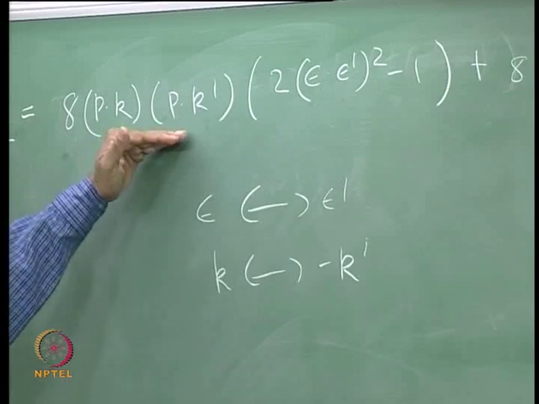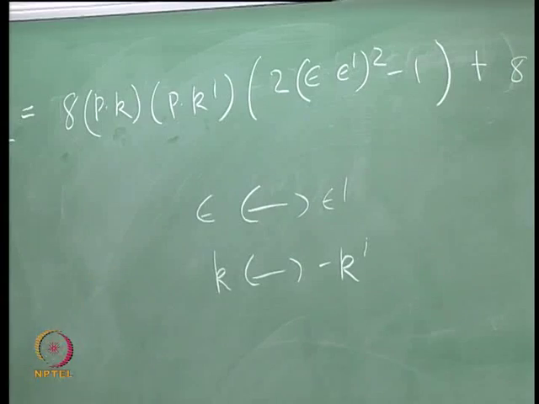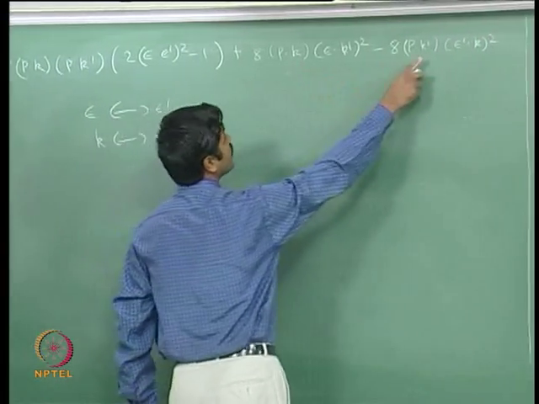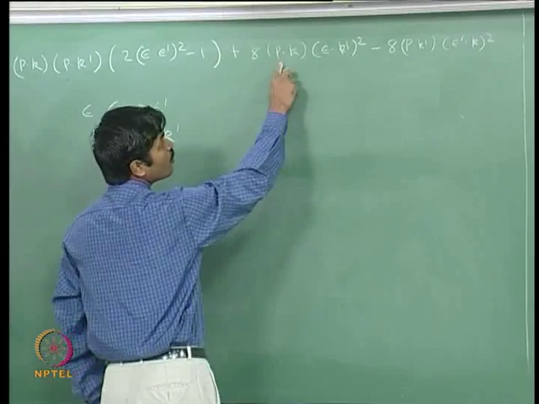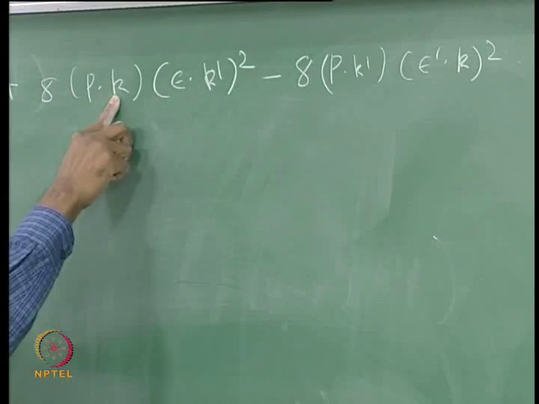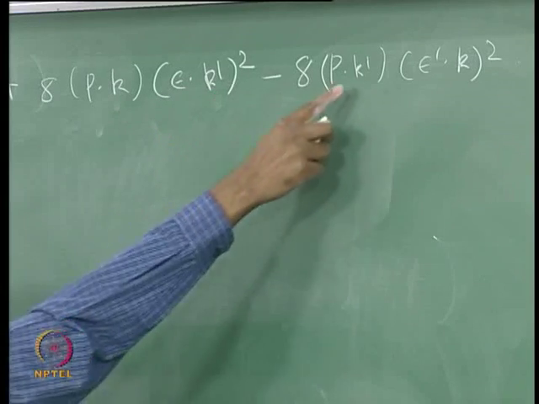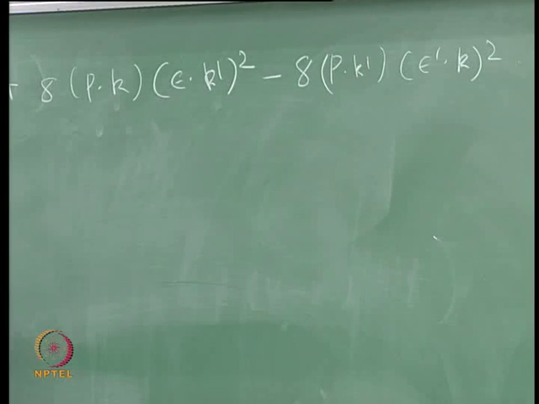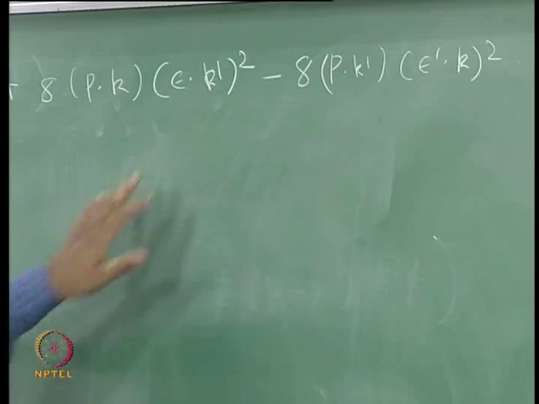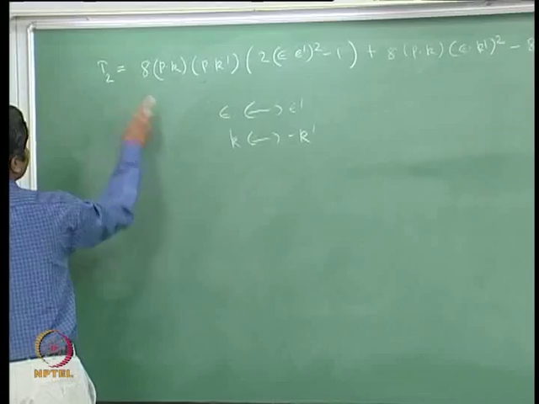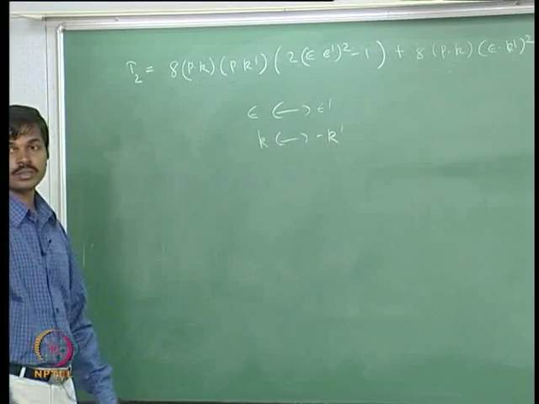So, the first term is invariant, and under this exchange the second term goes to the third term because there is a minus p dot k prime here and this is epsilon prime dot k, and this term goes to this. So, the second and third term interchange and the first term remains invariant. Therefore, T2 is invariant under this transformation.